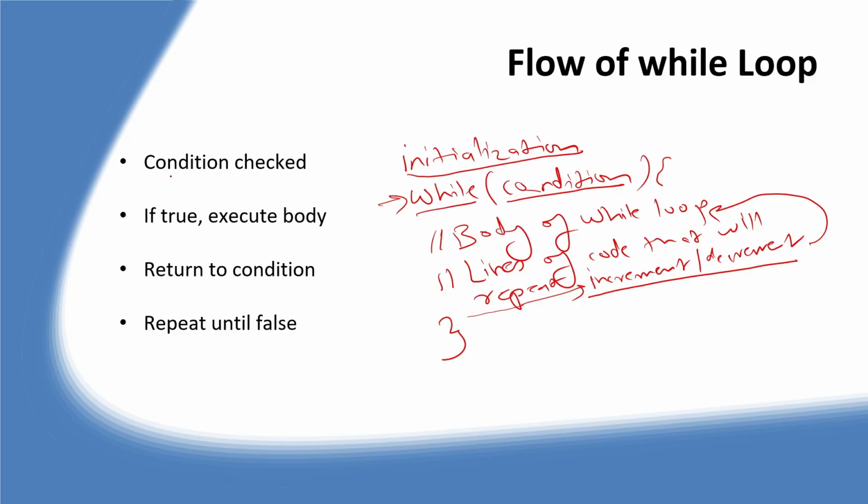So first step is initialization, that is not part of the while loop, that will be already done. So when it comes to while loop, the first step becomes condition checking. If condition is true, then it will execute the body.